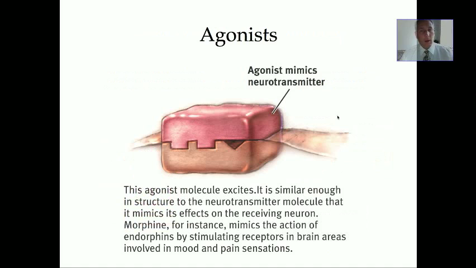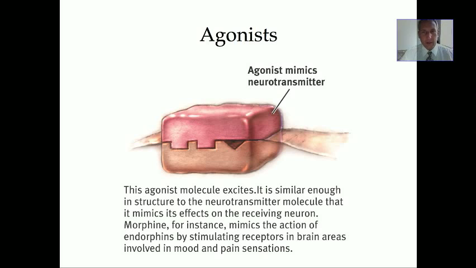Now, sometimes we can introduce drugs, for example, that mimic a neurotransmitter. We introduce drugs that are able to get to the brain, and they act as if they are a neurotransmitter. Ones that excite the neurons in these brain areas are called agonists.